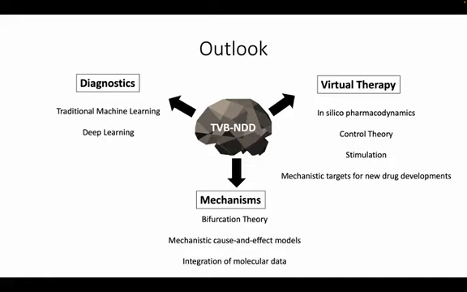For virtual therapy, we can go either more into the microscopic area by refining pharmacodynamics, maybe implementing the effects of particular receptors or particular ion channels, but we can also go even more into the creative approach and try, for example, new stimulation targets, something that is actually not so easily doable for ethical reasons in real patients.